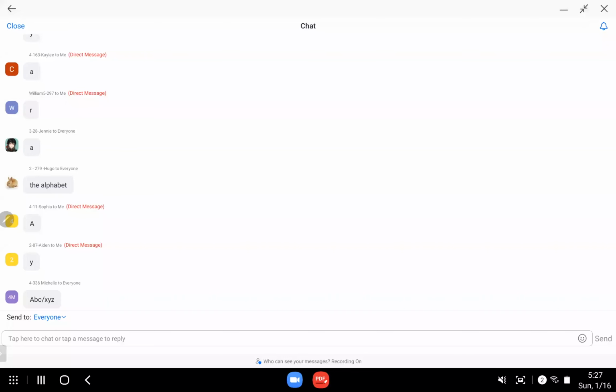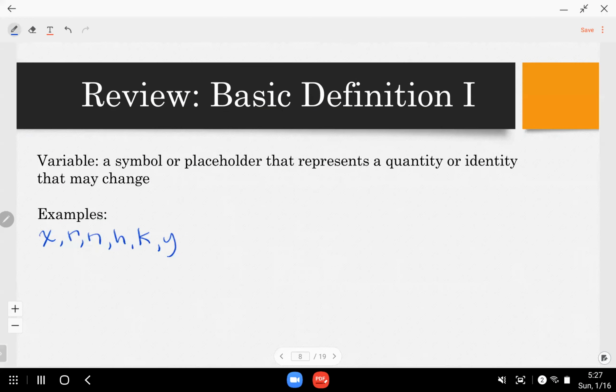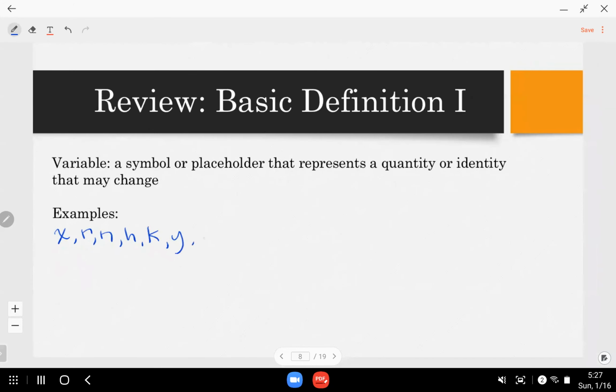Basically A, B, C, X, Y, Z. We have a lot of basically the alphabet. You can use any letter in the alphabet. You can have E, you can have T, B, A, anything. You don't see E a lot.